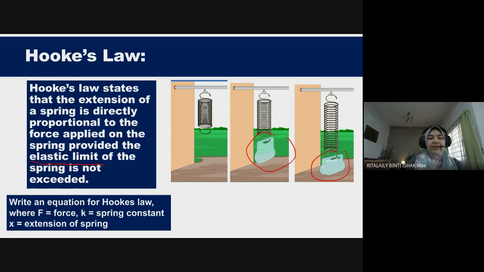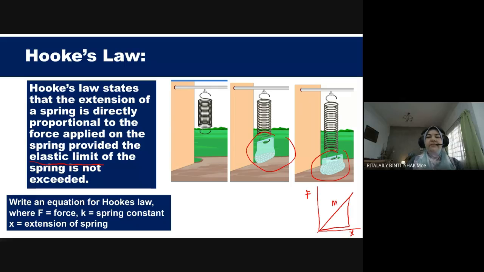If we draw a graph relating the force and the extension, the relationship is directly proportional, and the graph gives us a constant gradient.